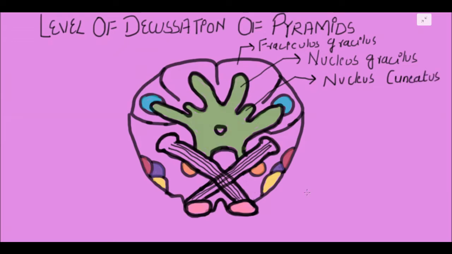On the posterior side, and below we have the anterior side, on the posterior side we can see two nuclei. The first one is the nucleus gracilis, the other is the nucleus cuneatus, and the other feature we find here is the fasciculus cuneatus.